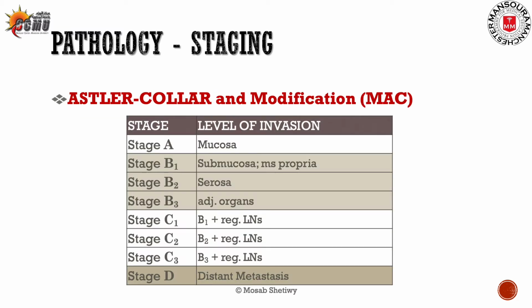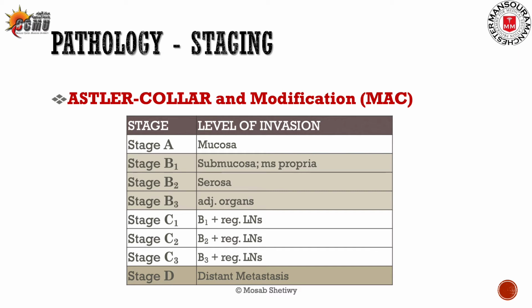Astler-Coller is the same as Dukes. It's actually a replica of Dukes staging. This is the MAC, or modified Astler-Coller, where stage A involves only the mucosa. Stage B extends beyond the mucosa and is subdivided into B1, submucosa or muscularis, B2, into the serosa, and B3, through the serosa and visceral peritoneum into adjacent organs.